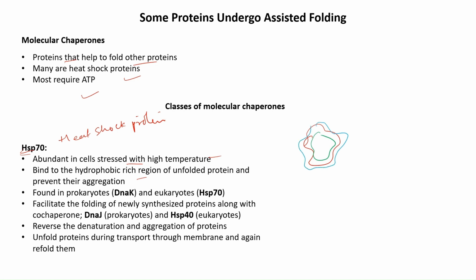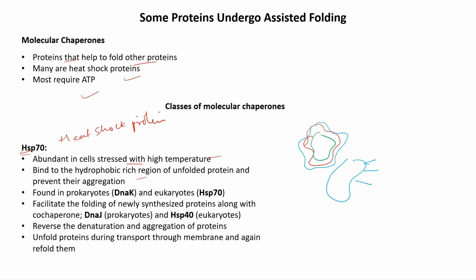The interior of the globular protein consists of a hydrophobic core. So all the hydrophobic amino acids are present in the interior. If hydrophobic amino acids are found outside, that means the protein is not properly folded or is unfolded.